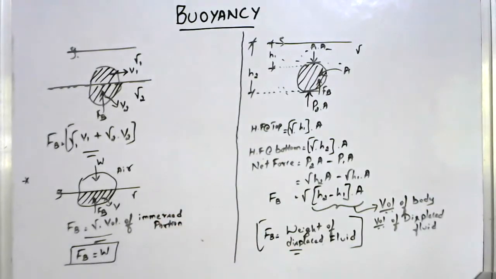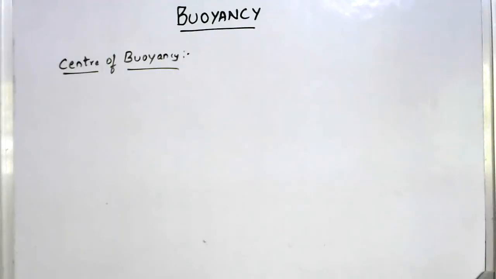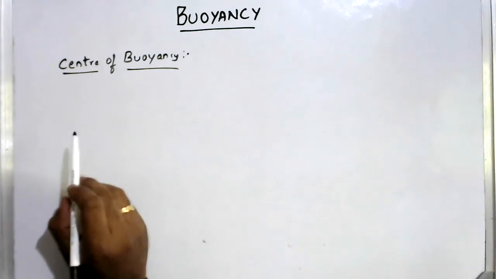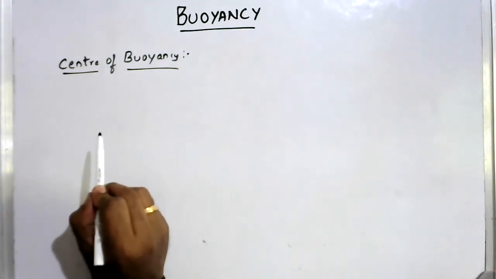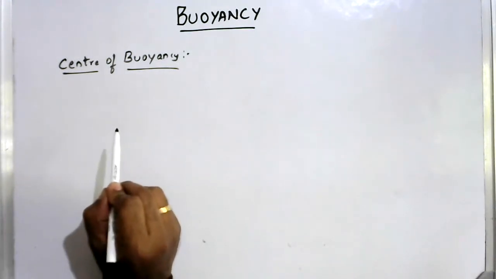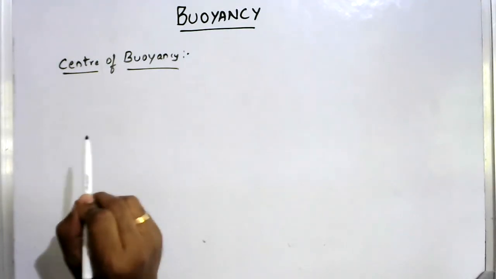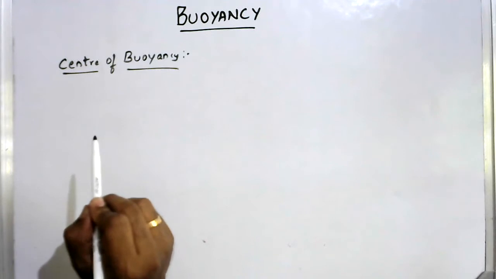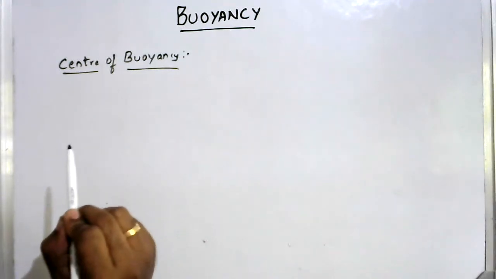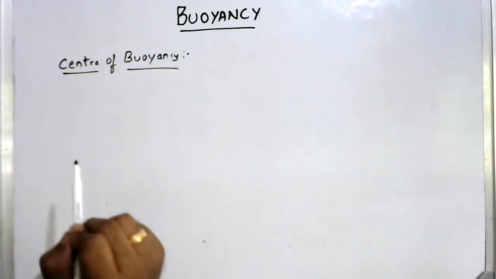Now we'll see what is the center of buoyancy. I've told how to calculate the magnitude of the buoyancy force. Now let me tell you where exactly the buoyancy force is acting, because forces have different characteristics like magnitude, direction, and point of application.